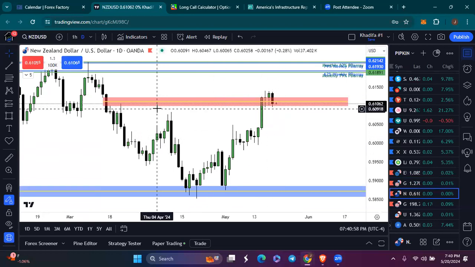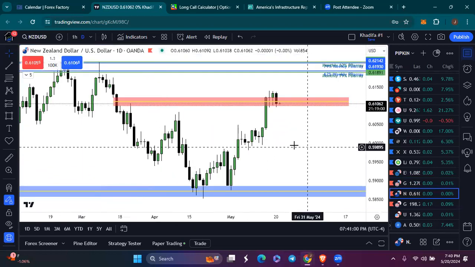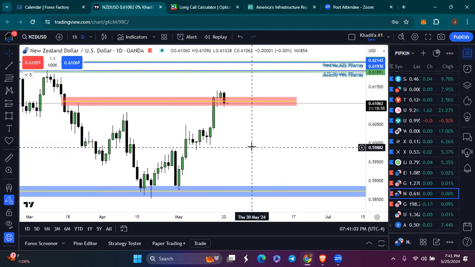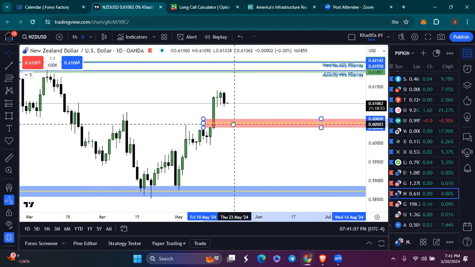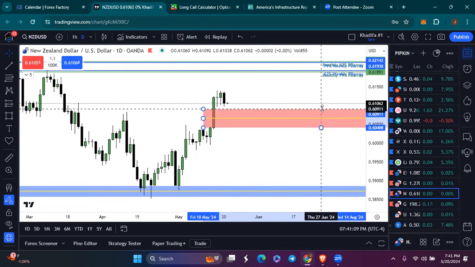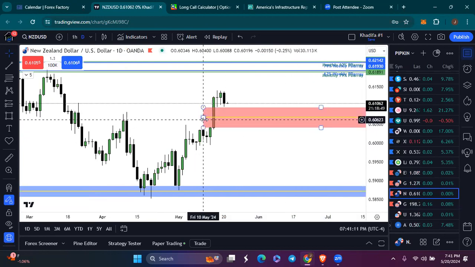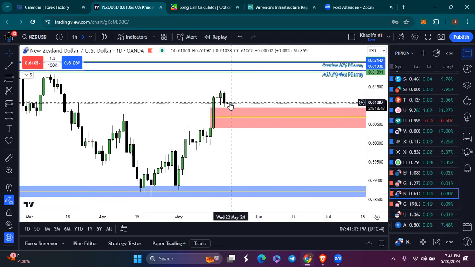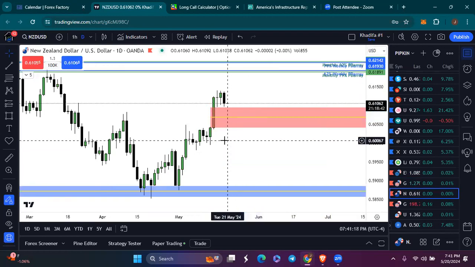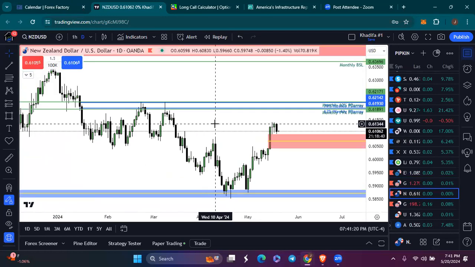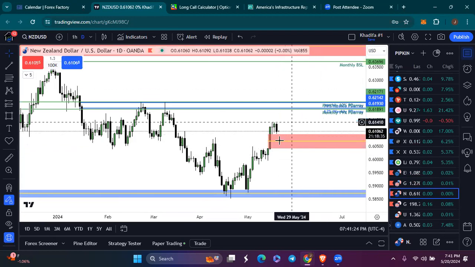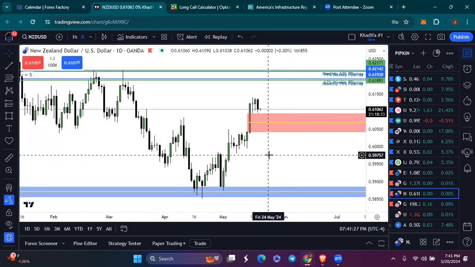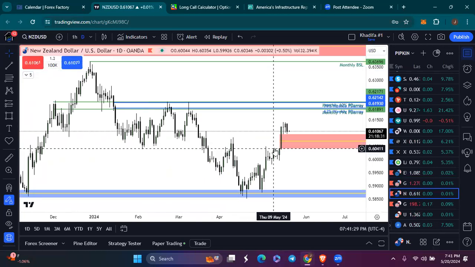So if I was a buyer for NZD, I would be waiting for price to come down into this area, at least consequent encroachment of this area down to here, and continue higher, right?